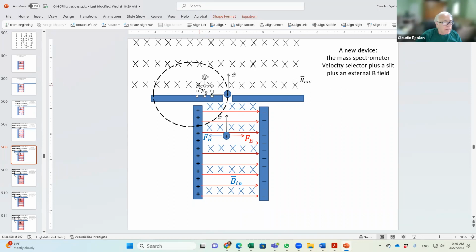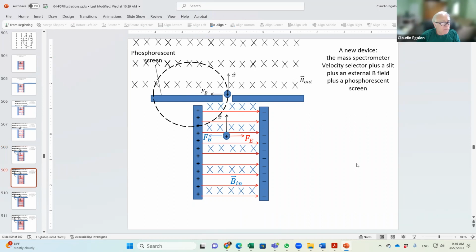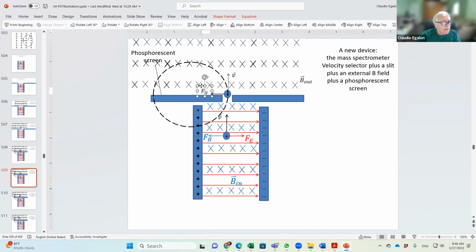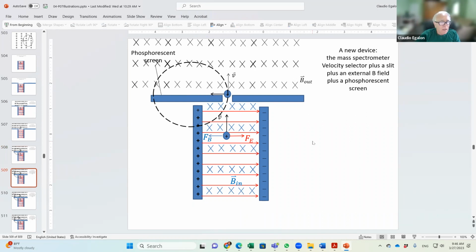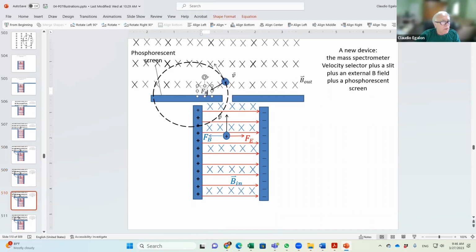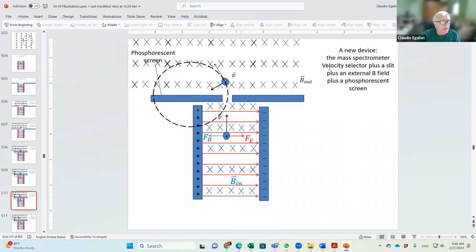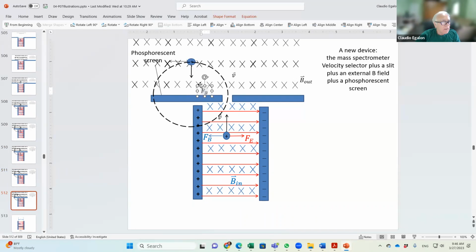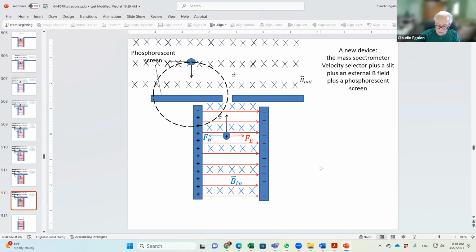I'm going to get rid of this FB. Get rid of FB. I'll get rid of this one. Another one. Velocity vector here.